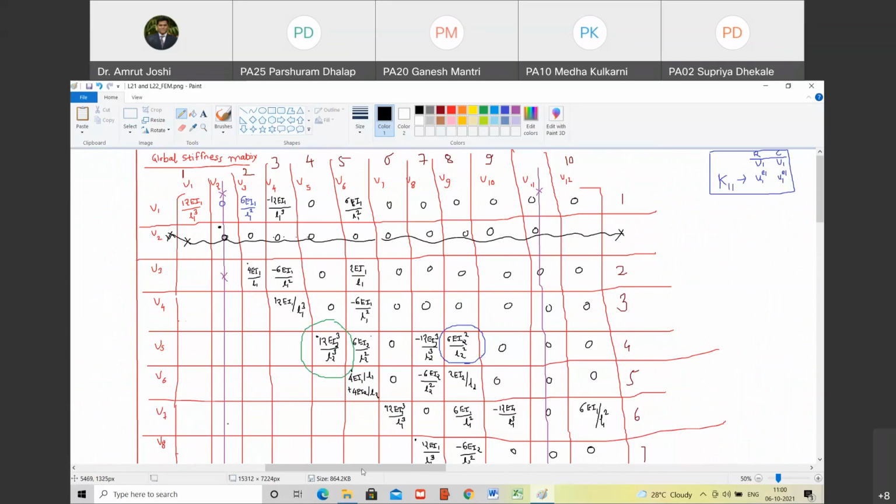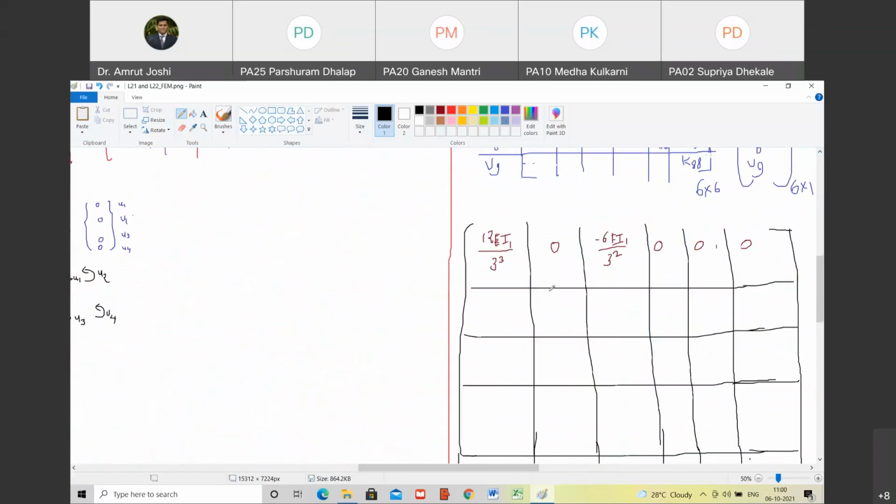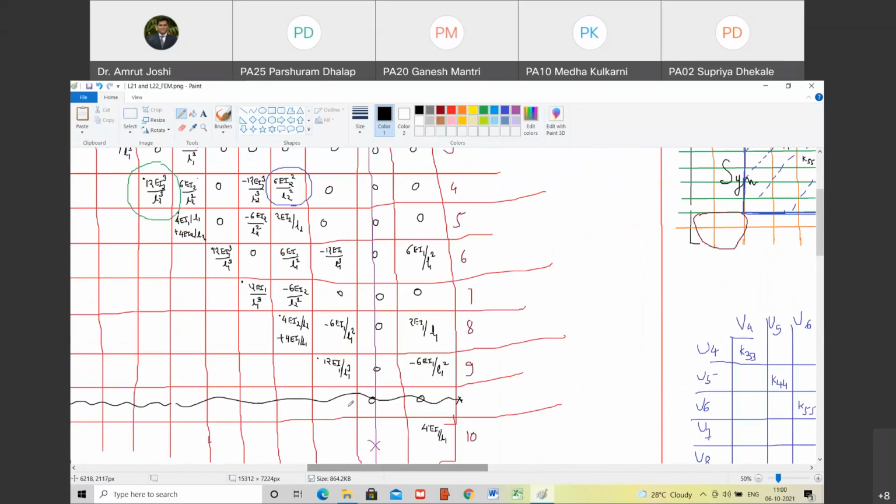So I will write down that 12 EI2 upon L2 cube. Why have we written EI cube? That is by mistake. यहाँ पे cube नहीं चाहिए. Are you with me? Yes, sir.